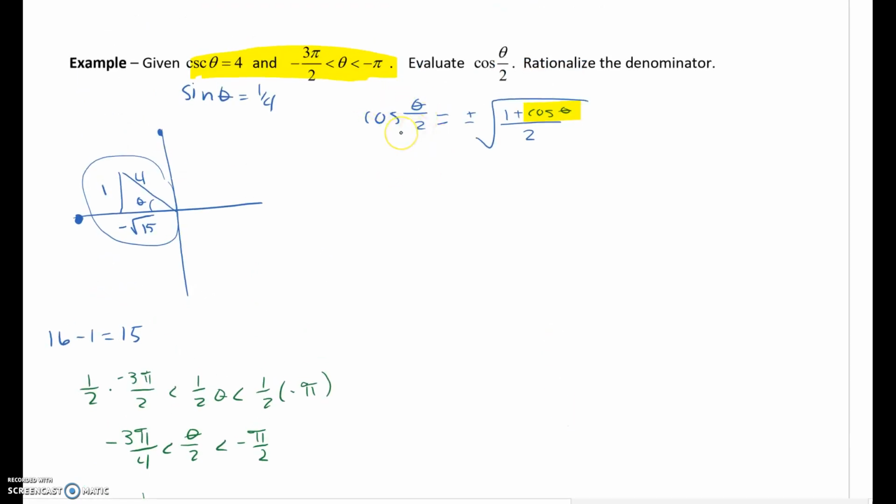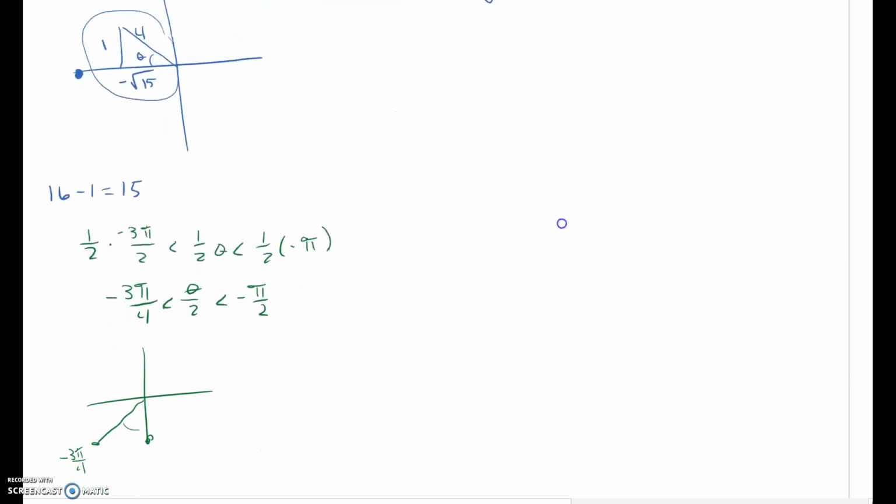So if we're looking at cosine of the half angle, we're going to use the negative square root, not the positive. The quadrant that your half angle is in, based on the restrictions, tells you the plus or the minus.